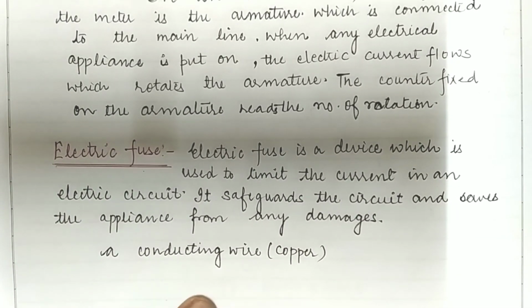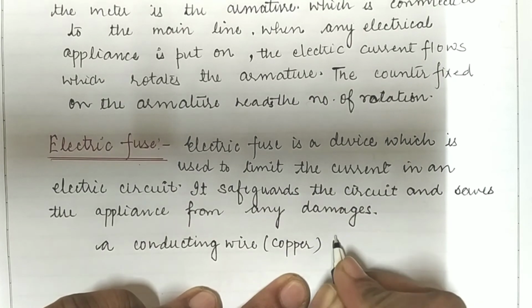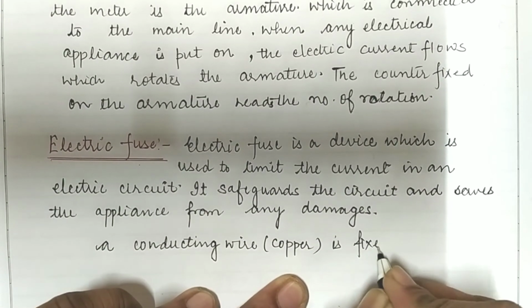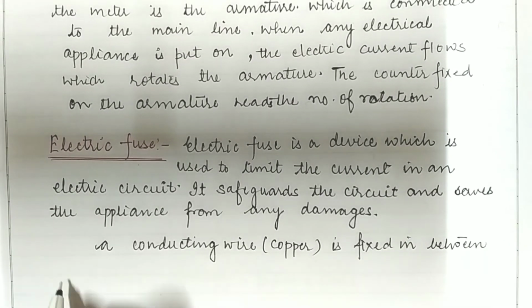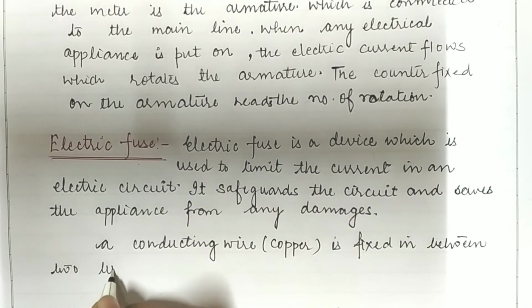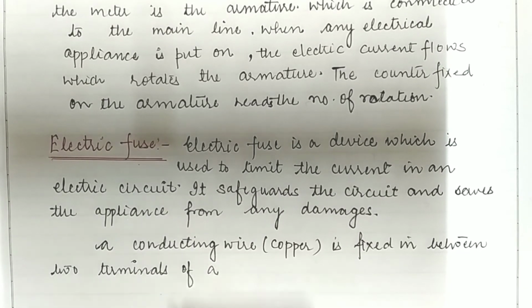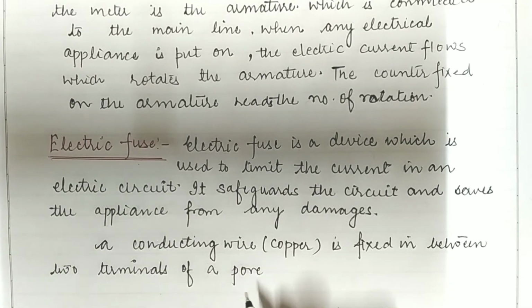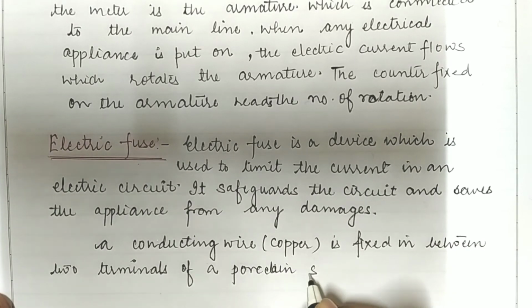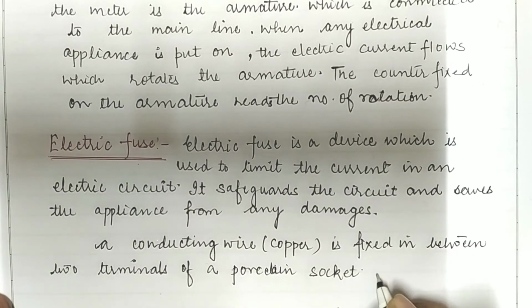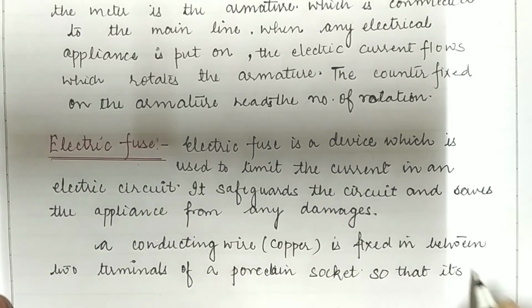So in order to construct an electric fuse, a conducting wire is fixed between two terminals of a porcelain socket, an insulator, so that its length is very small.